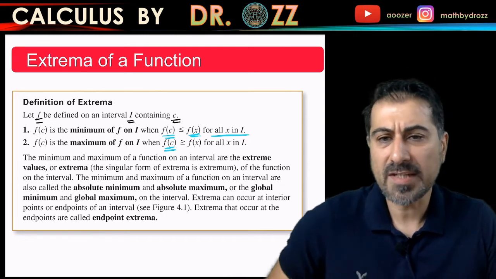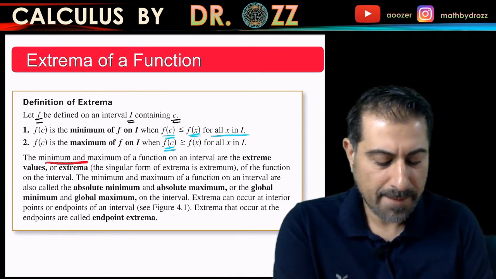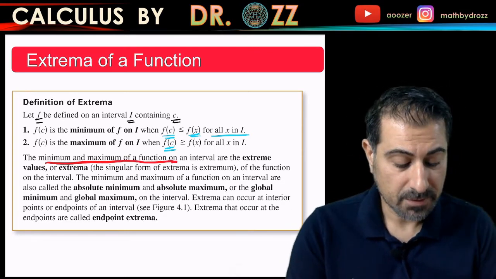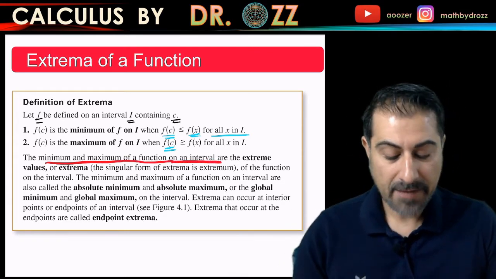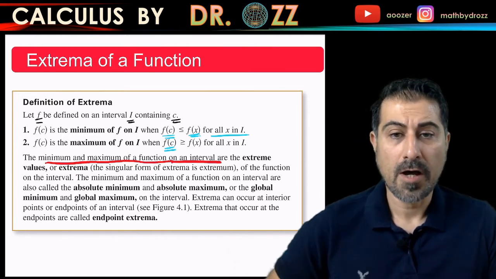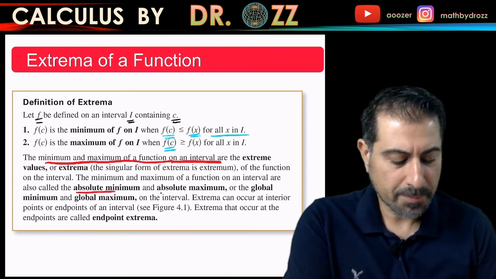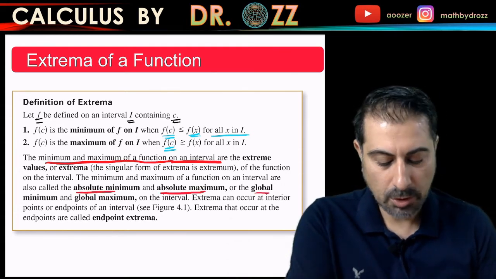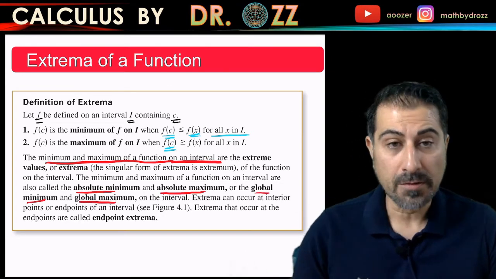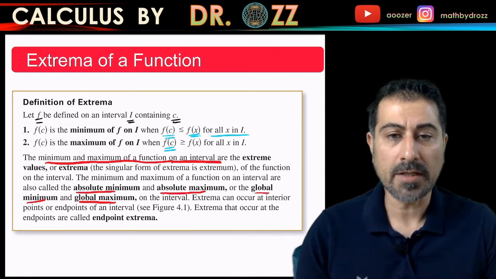When we say extrema, what we mean is the minimum and the maximum of a function on an interval. These are extreme values of the function on the interval. We also use the terms absolute minimum, absolute maximum, or global minimum and global maximum for referring to the maximum and minimum of a function on an interval.